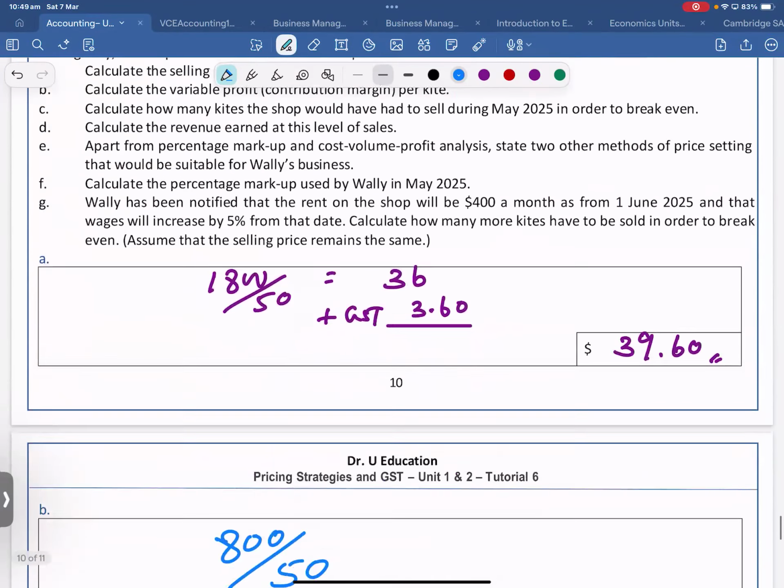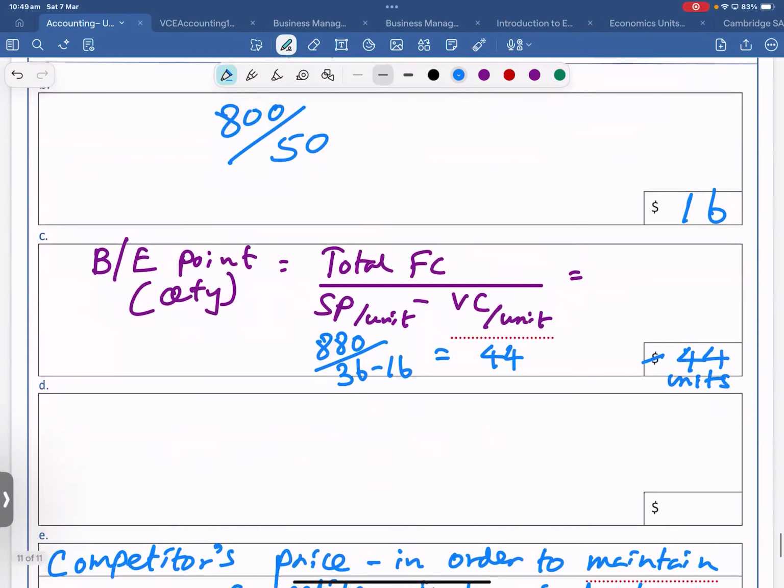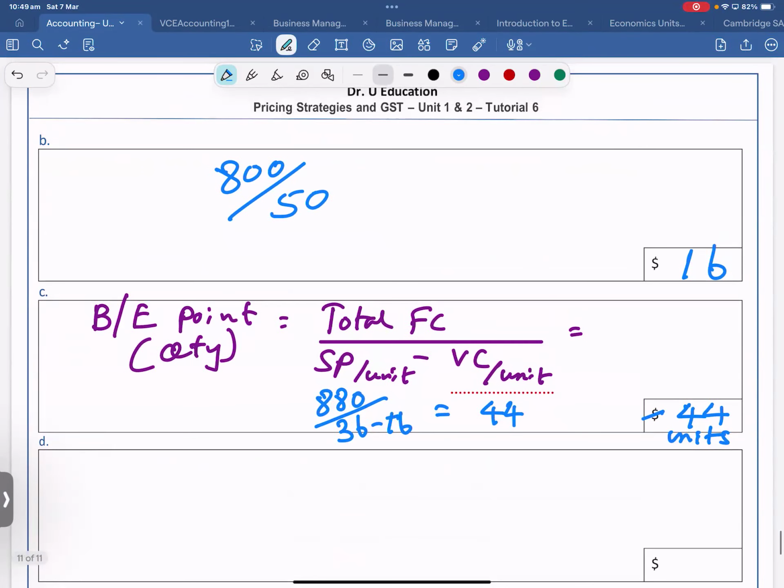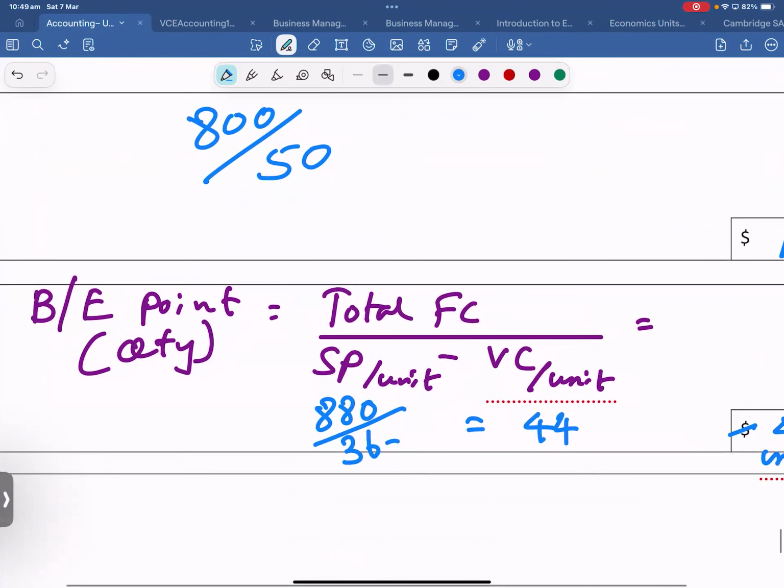I think we have made a mistake. This is not 16. Variable cost per unit is 20, not 16.